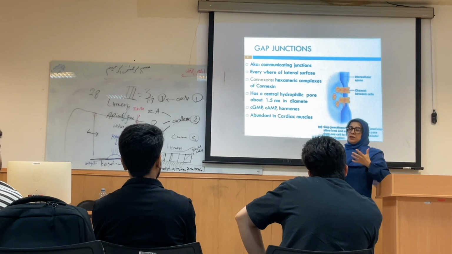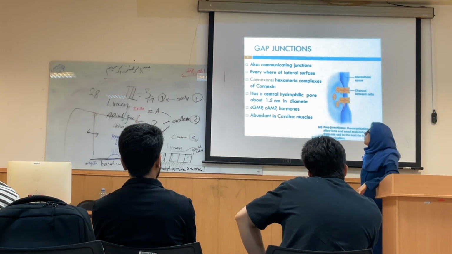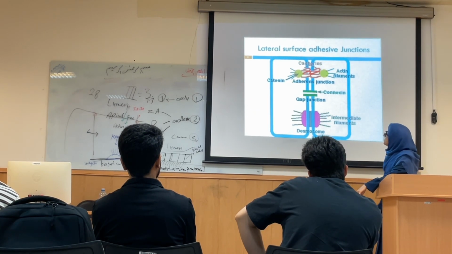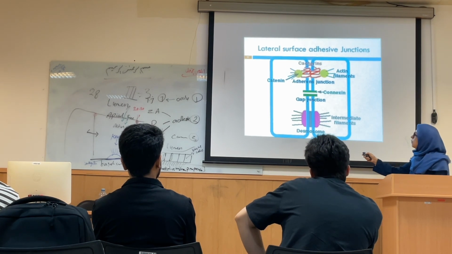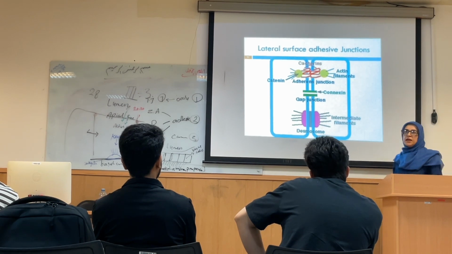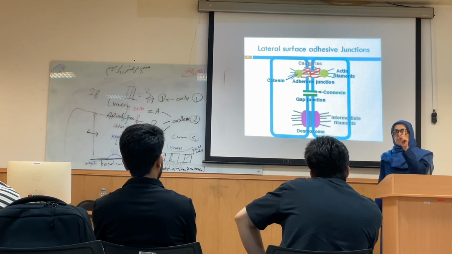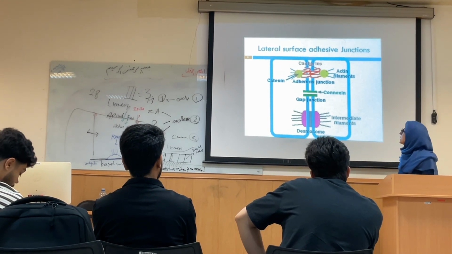This is the gap or communicating junction in the lateral surface. Six connexin proteins form just one connexon. This is a hexameric complex.